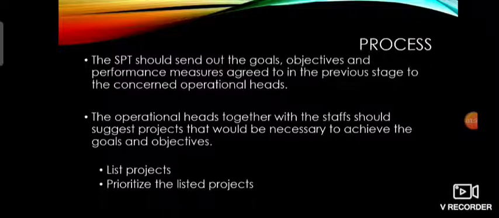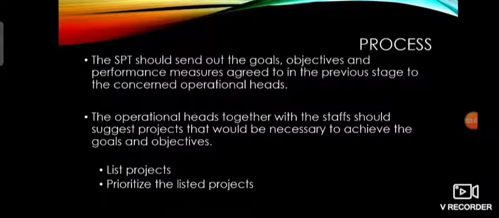Right? So in listing the projects, the time frame for their completion, the resources required, and the expected outputs from the projects should be stated as well. So we have there the time frame, of course, the budget, the expected outputs, and other things that could be listed in creating the implementation matrix.